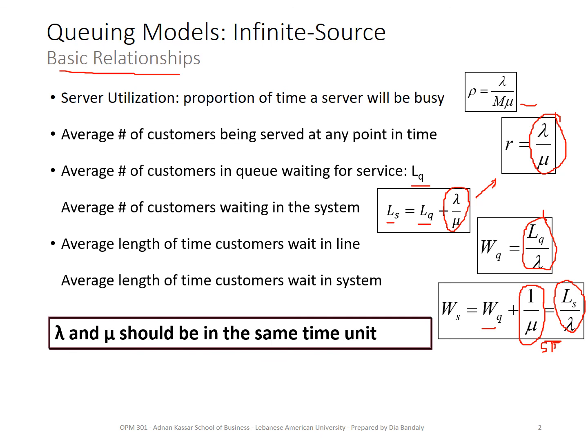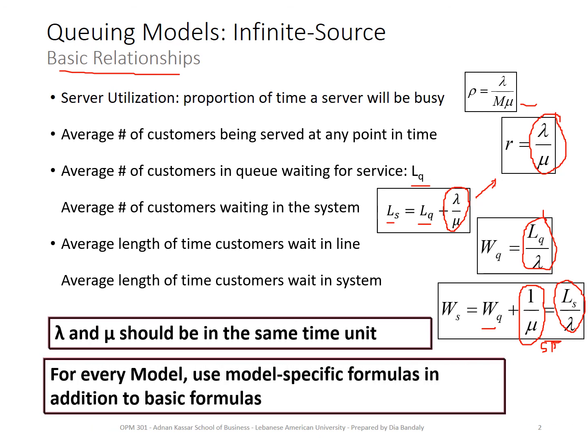Finally, because we have lambda and mu in a ratio, certainly the time unit used in lambda should comply with the time unit of mu. So if one is not similar to the other, you have to convert one. For example, if you are given lambda as the number of customers per hour, and mu is given per minute, you have to change one of these.